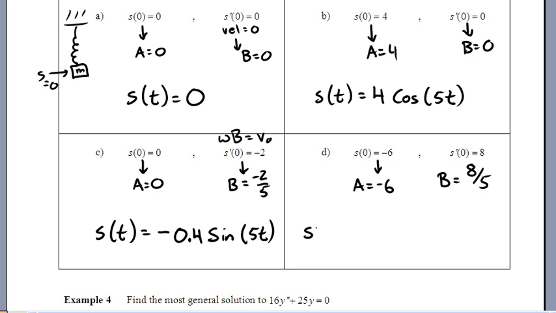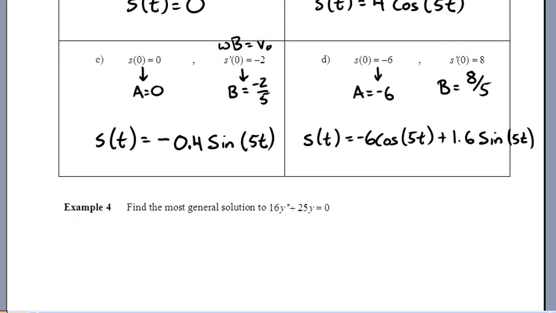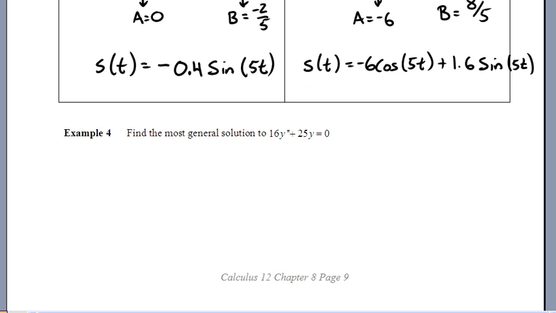So this one, the oscillator would be -6 cosine of 5t plus 8/5, 1.6 sine of 5t. And this is one of those ones you could blend together into just a single sine function if you wanted to. So those are specific solutions, particular solutions, we might say.